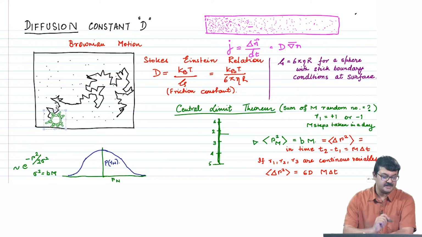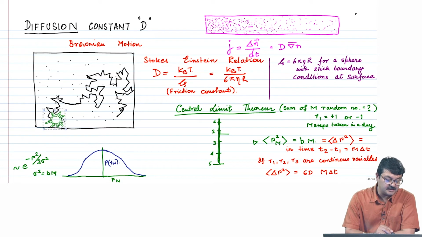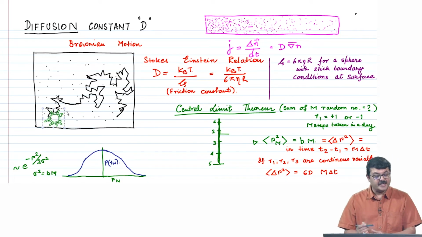So, why does it do it? Basically, if this is your microscopic particle, and these small dots are say water particles, what is happening is that in a very microscopic instant of time, a large number of water particles are hitting this green particle, right, the microscopic particle, due to which it does a random motion.